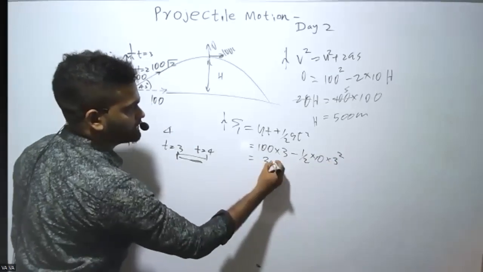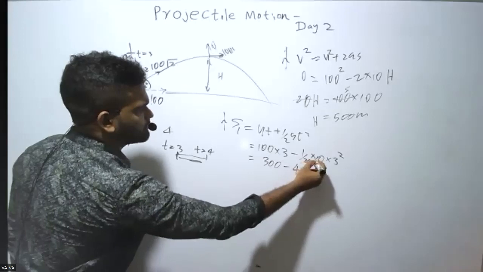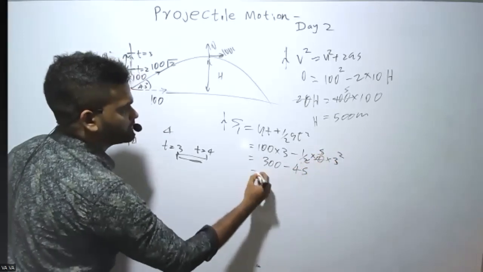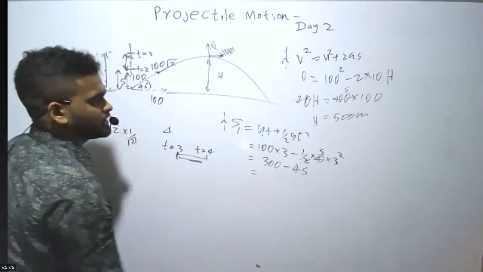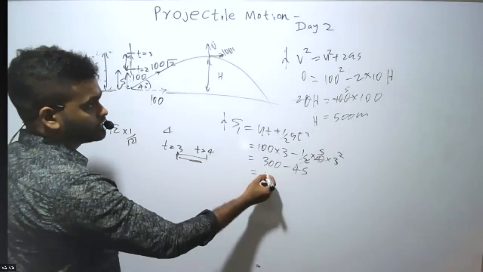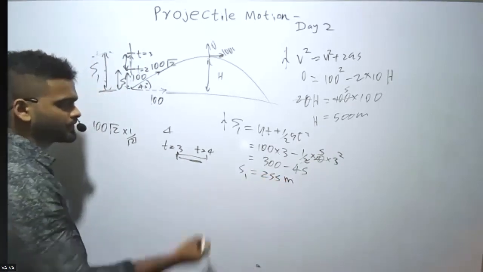So you get 300 minus 5 times 9, 45. 300 minus 45, 255. So that is S1.